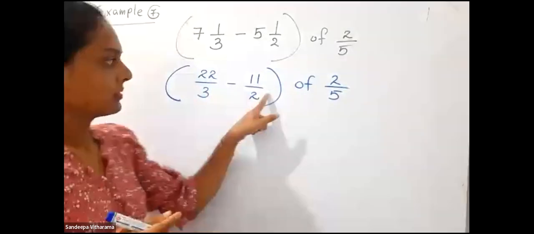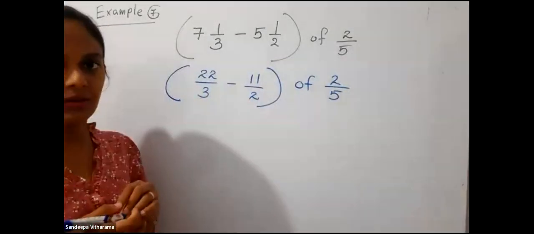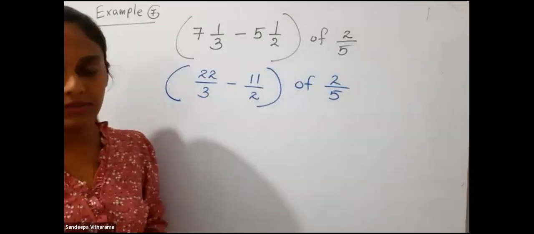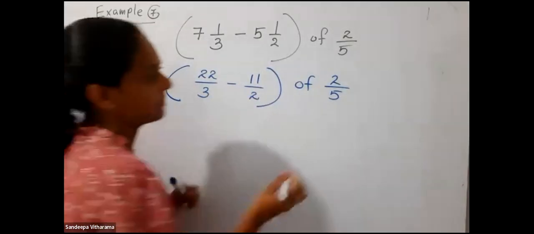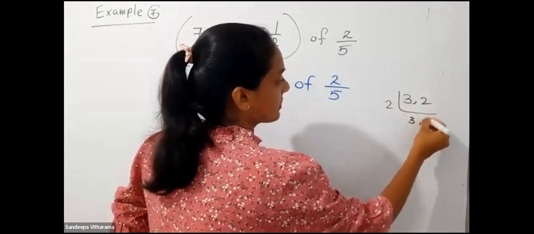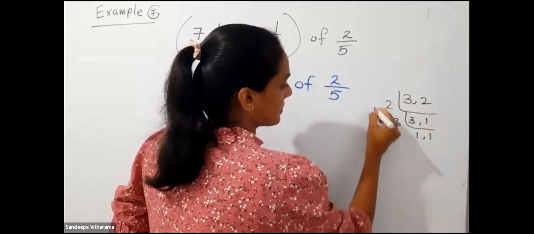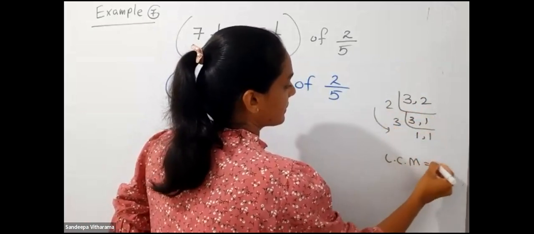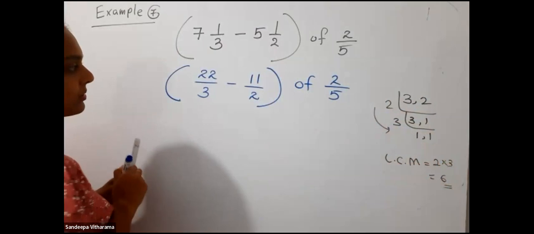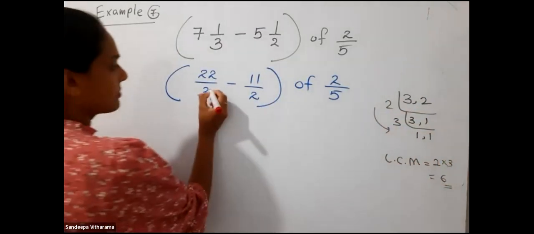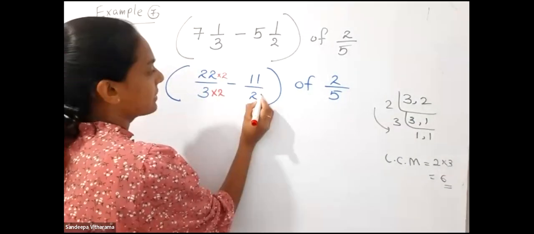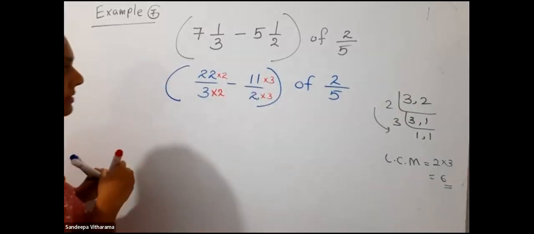Then here it is a subtraction of two fractions with different denominators. So what is the least common multiple of 3 and 2? 3, 2. Divide by 2. The least common multiple is 2 into 3, which is 6. So convert 3 into 6 by multiplying by 2. 22 also multiplied by 2, and 11 multiplied by 3.